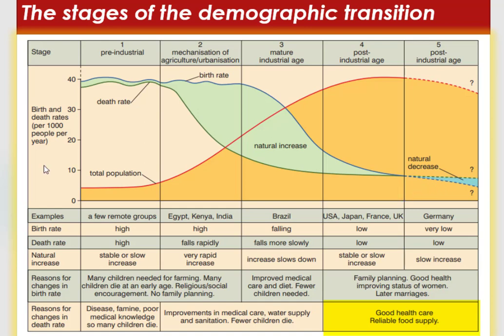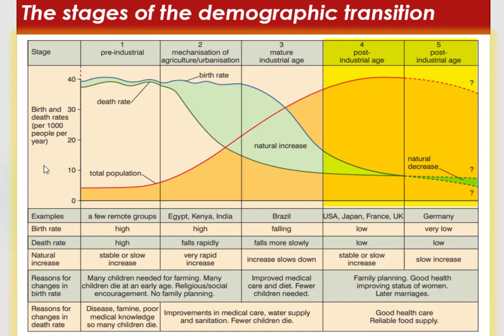Notice that in the second and third stages of demographic transition, death rates fall before birth rates. This creates a period when the population is increasing. In the final stages, birth rates and death rates are low and the population is stable, with either slow increase or slow decrease.